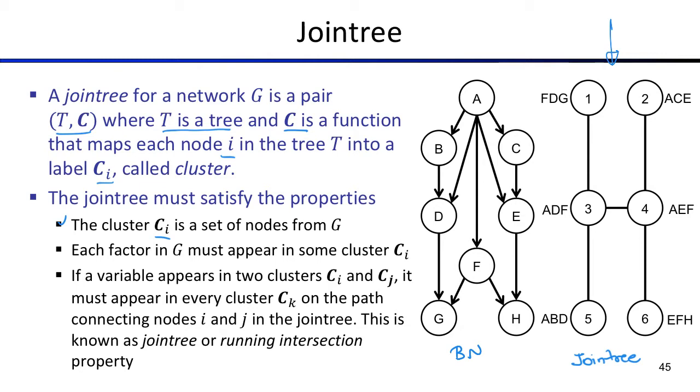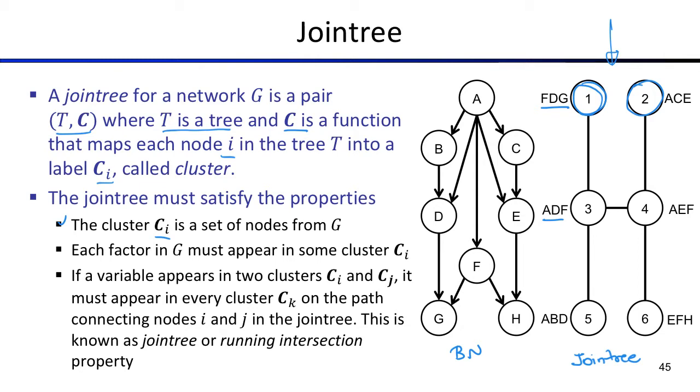And the property says that the cluster Ci is a set of nodes from G. When we look at each node here, like 1 and 2, they are the clusters. These are the variables associated with cluster 1, and these are the variables associated with cluster 3, and so on. So we need to decide which variables will be associated to each cluster.